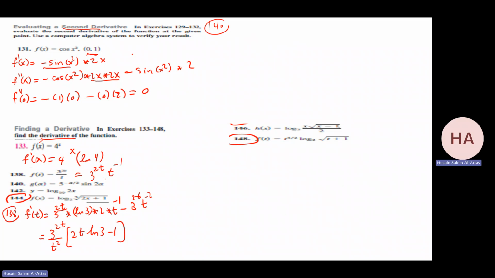This is what? 5 to the power minus alpha over 2 sine 2 alpha. So product rule, y prime: 5 to the power minus alpha over 2 times ln 5 times minus half sine 2 alpha, plus 5 to the power minus alpha over 2 times the derivative of sine 2 alpha, which is 2 cosine 2 alpha.